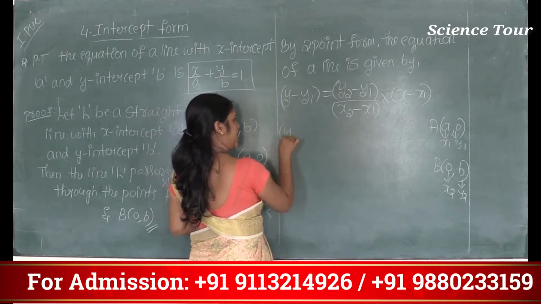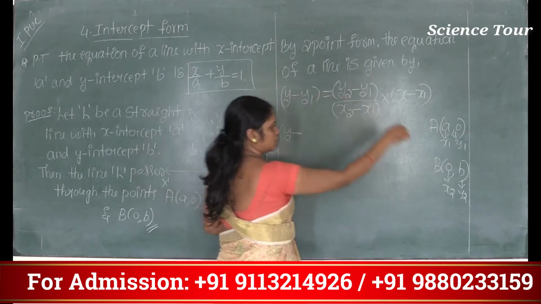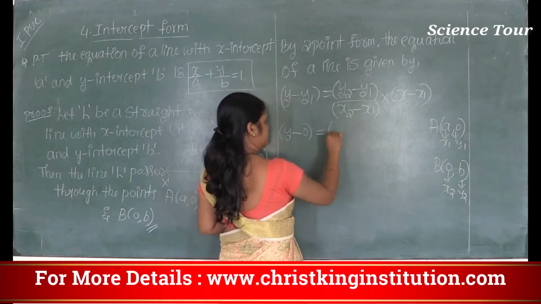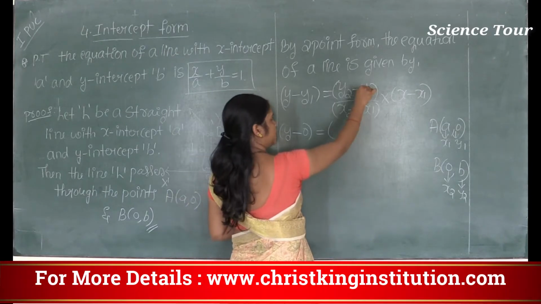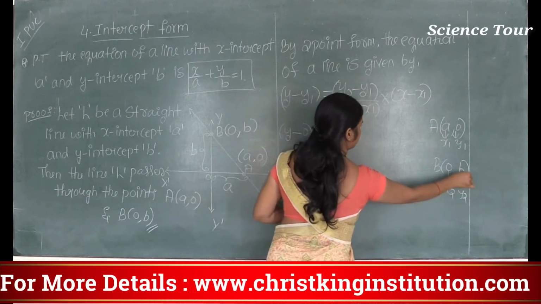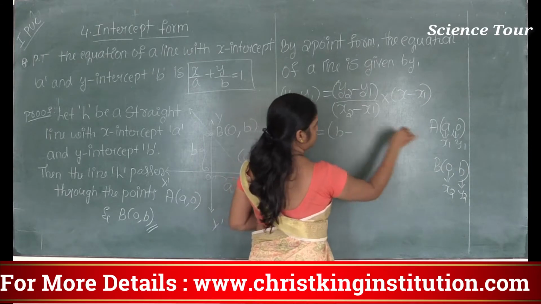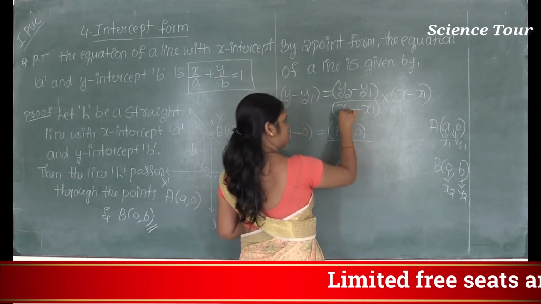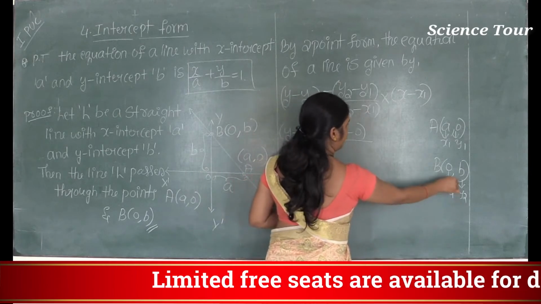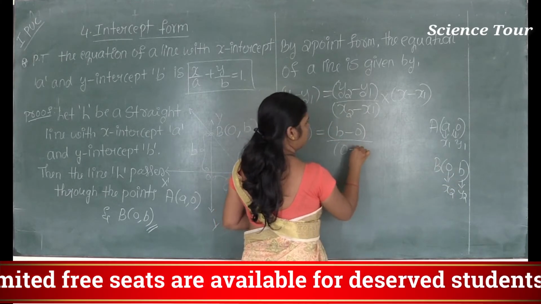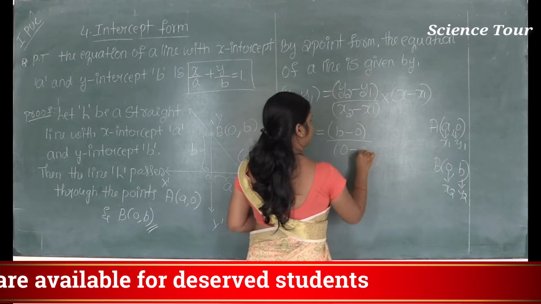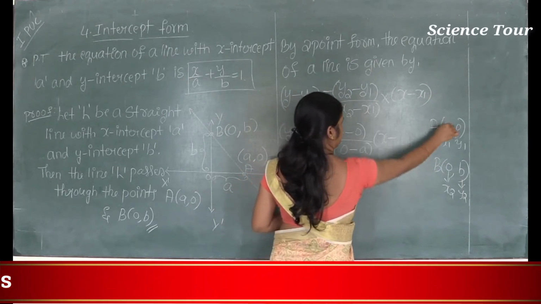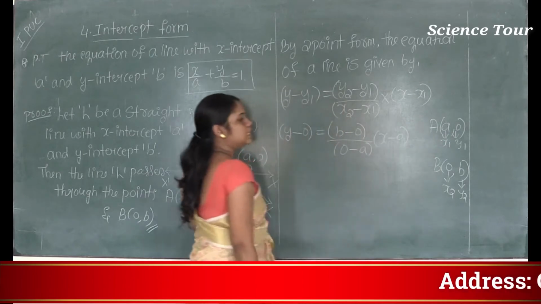Write this y as it is minus y1 value. What is the value of y1? 0. This is equal to y2 minus y1. y2 how much? b minus y1 value how much? 0, by x2 minus x1. x2 value how much? 0, minus x1 value how much? a, into x minus x1. x minus x1 value how much? a.